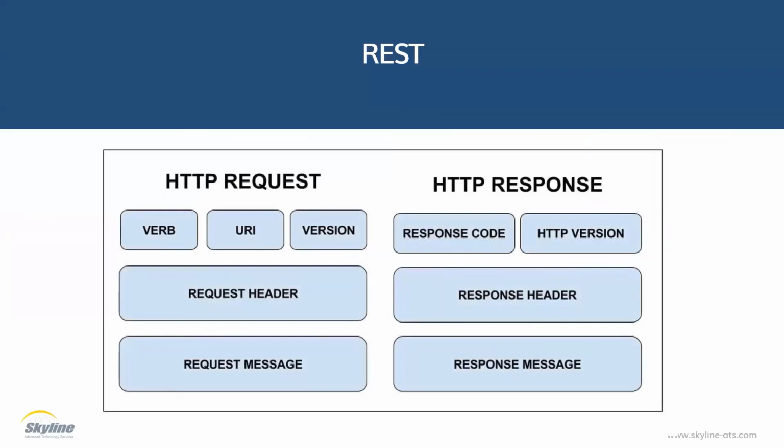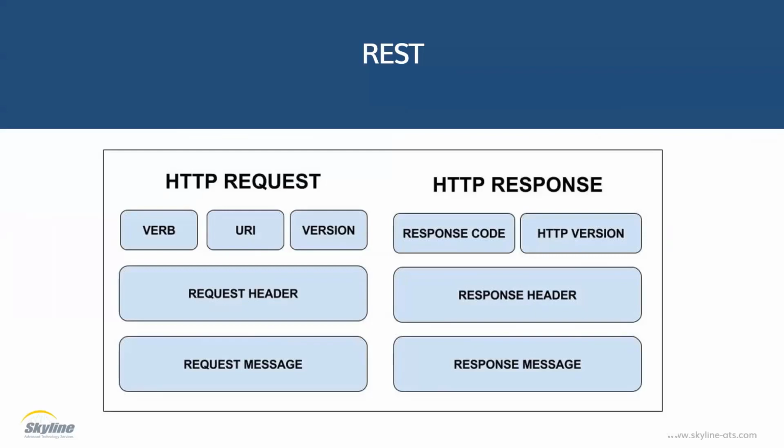You can have the version. And then we've got request headers and a request message. Request headers are going to be things such as the format that the data is being sent in. It could be the format that we will accept data back in. It could also be the authentication that we're using.